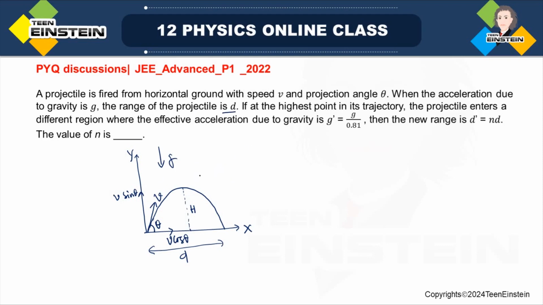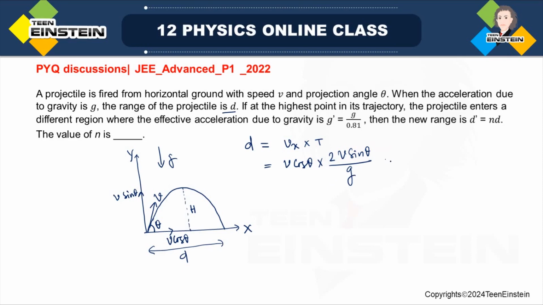So I hope you remember the formula of this range. If this is d, then we know we have to write Vx into the time of flight. Okay, so Vx is v cos theta and time of flight will be 2 u sin theta by g, right? 2 u sin theta, sorry, 2 v sin theta by g.